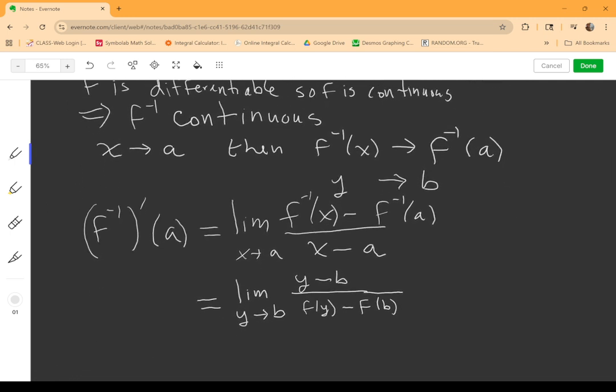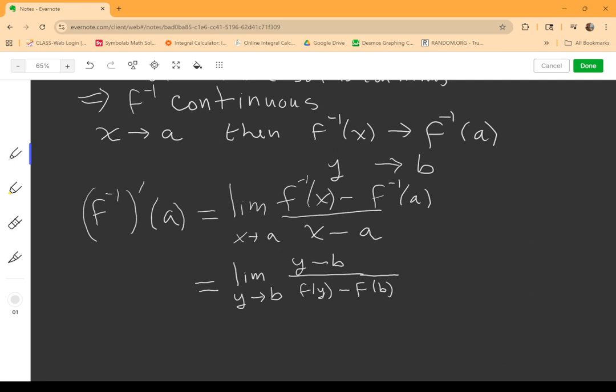Now just using the reciprocal here, I can rewrite this as 1 over, so I'll bring the limit into the denominator and rewrite this as a complex fraction: the limit as y approaches b of f of y minus f of b over y minus b.